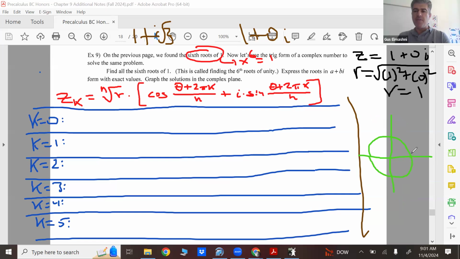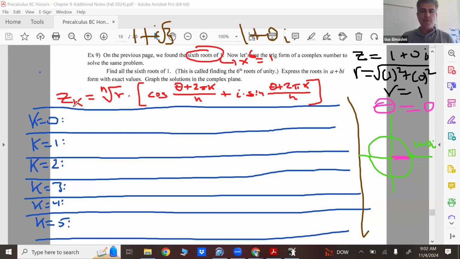Yeah, guys, you're right here. That's 1 plus 0i. So your theta is 0 also.